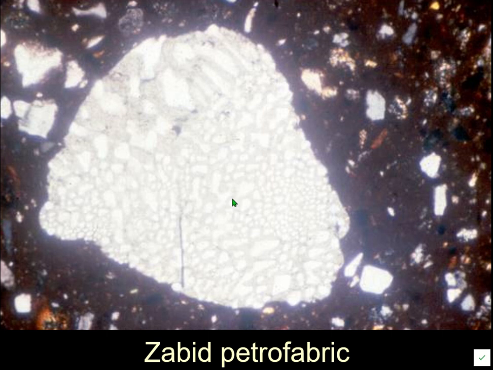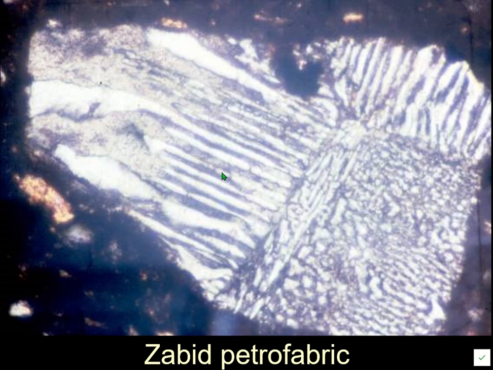Granophyre. I guess I could have written it down, but it's a bit late now. And here is another granophyre. And here you can see the intergrowth of somewhat decayed feldspar and quartz. And here is a finer grained texture.